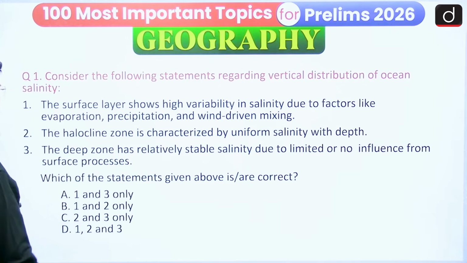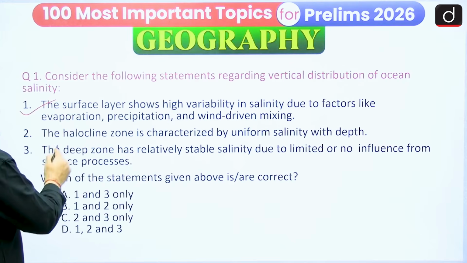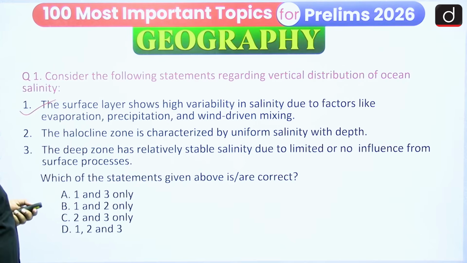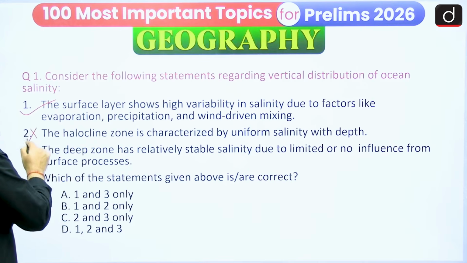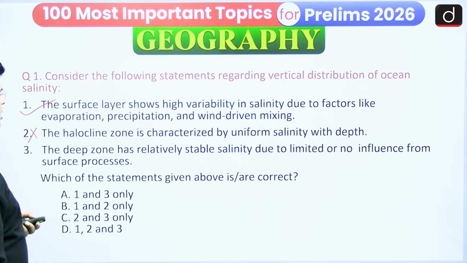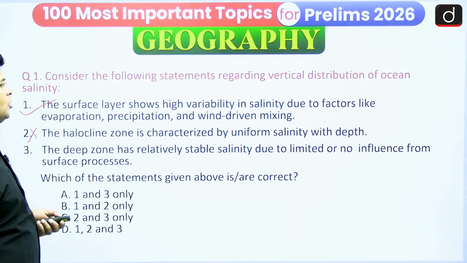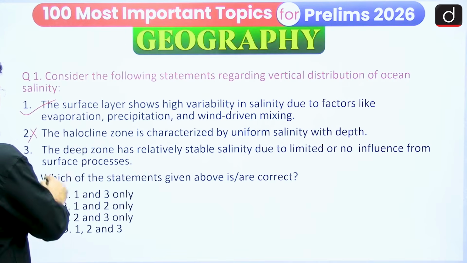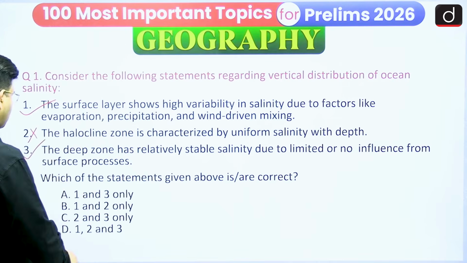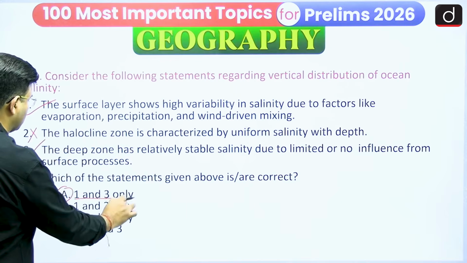Yes, this statement is correct. Second, the halocline zone is characterized by uniform salinity with depth. No, there is a rapid change in salinity in the halocline layer, so this statement is wrong. Third, the deep zone has relatively stable salinity due to limited or no influence from surface processes. Yes, this is right, so 1 and 3 only are correct.